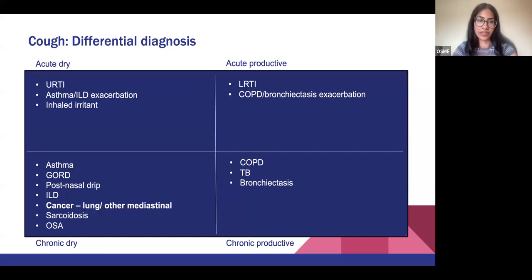And some things to tease out in the history are if they have GORD or postnasal drip causing the cough, because those aren't as serious and you don't need to send them down a respiratory pathway. For chronic productive cough, it's the things we've already discussed, so COPD and bronchiectasis, but also you want to rule out TB, so looking for constitutional symptoms, foreign travel.